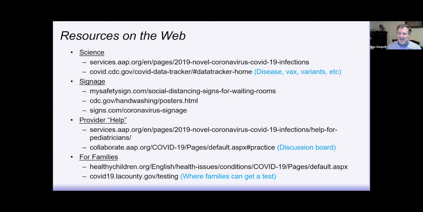Many of us have contributed to this. It's lay language for parents. It's not for doctors or providers, about any number of topics, including COVID. And if you need to get your patient tested quickly, and you're not doing it in your office, or maybe you have a send-out lab, this is where families can get it through the county. I've been on this site myself in the last day or two just to check it out, and it works well. So I think I'll stop there.